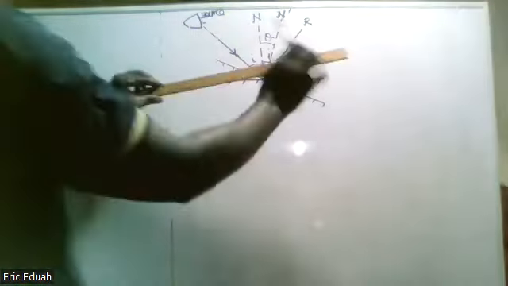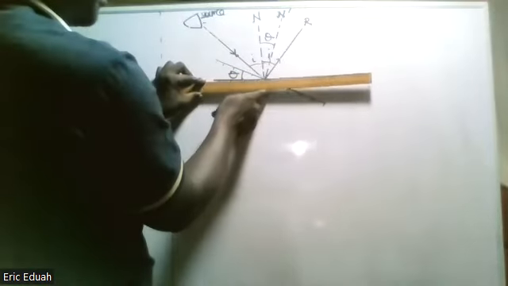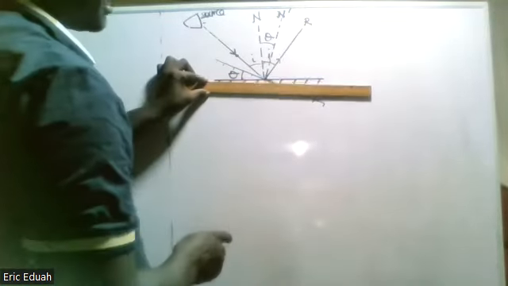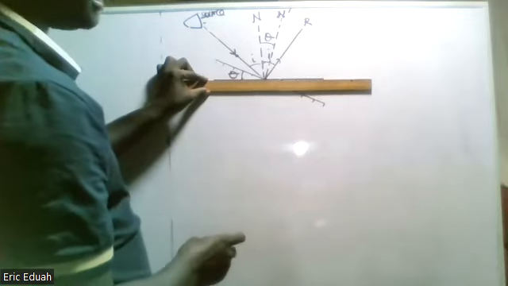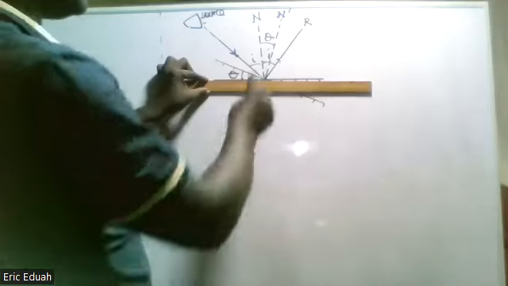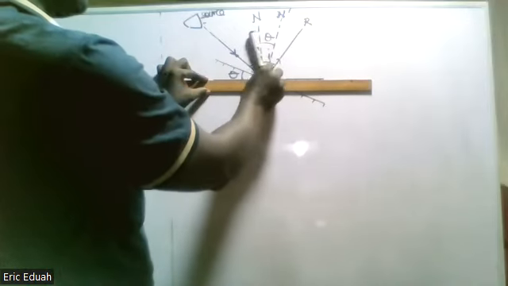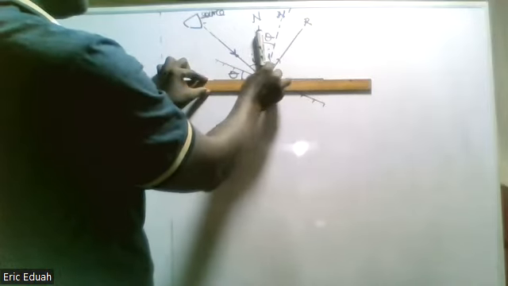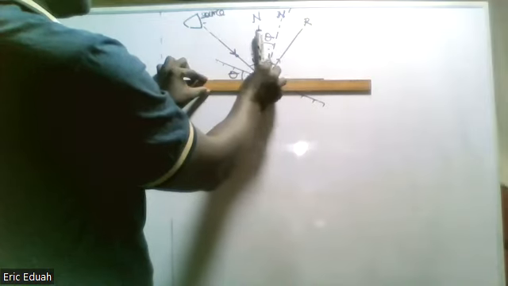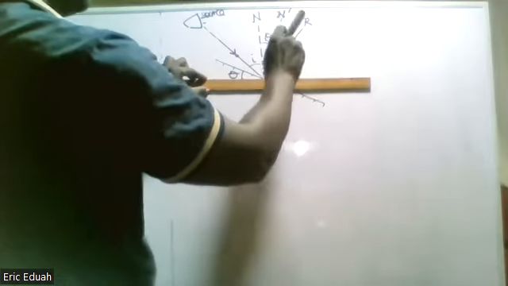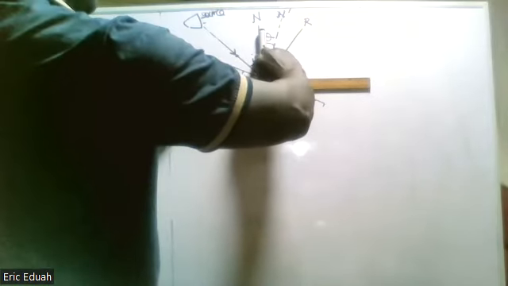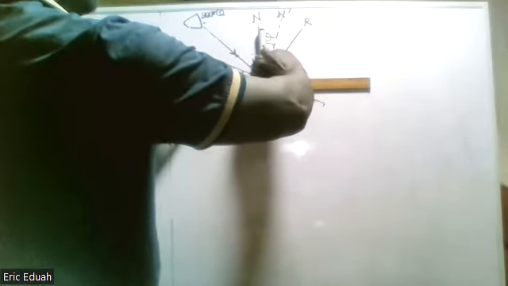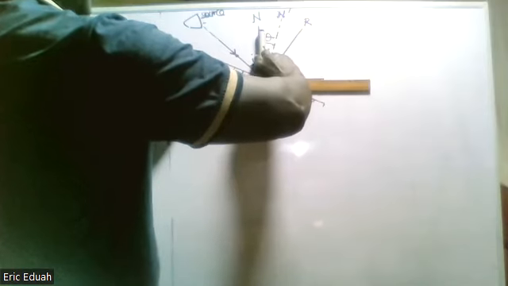Look at this. There is a position of the mirror initially when it is not rotated. This is the normal to it when it is not rotated. Now, when I rotate the mirror, look at how the normal would also change position. I'm rotating the mirror through an angle theta.